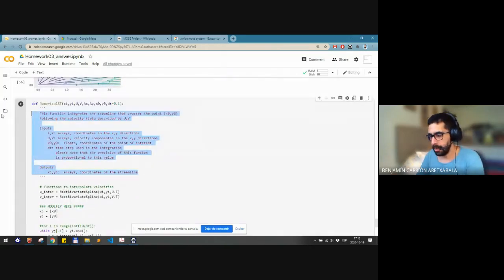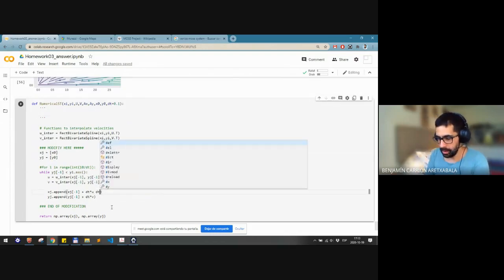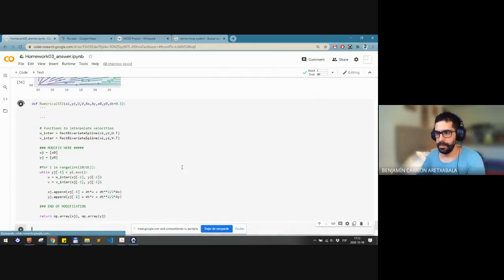Then I can write this better. And basically, you just put it here. So dt square half times ax, plus dt square half times ay. And I'm going to call this st2.